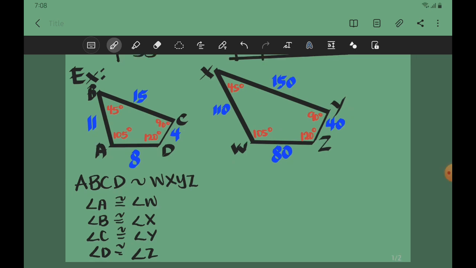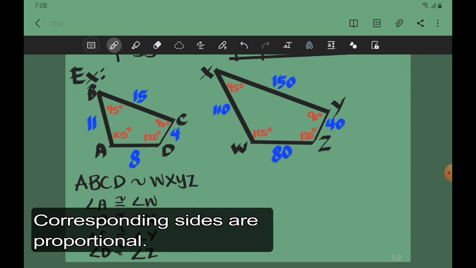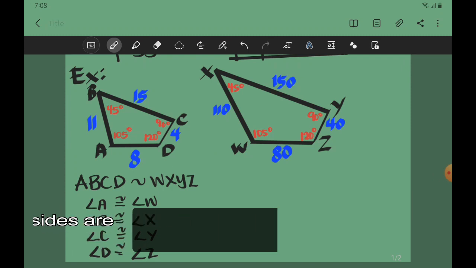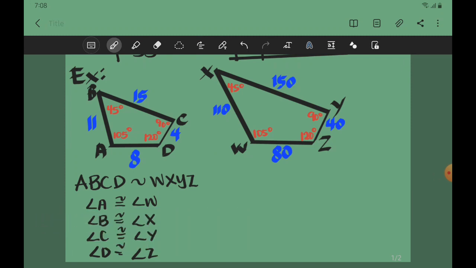Then next, meron tayong tinatawag na corresponding sides, and based from the characteristics of similar polygons, yung corresponding sides, it must be proportional. So let us write first the corresponding sides. So we have here AB corresponds to WX.